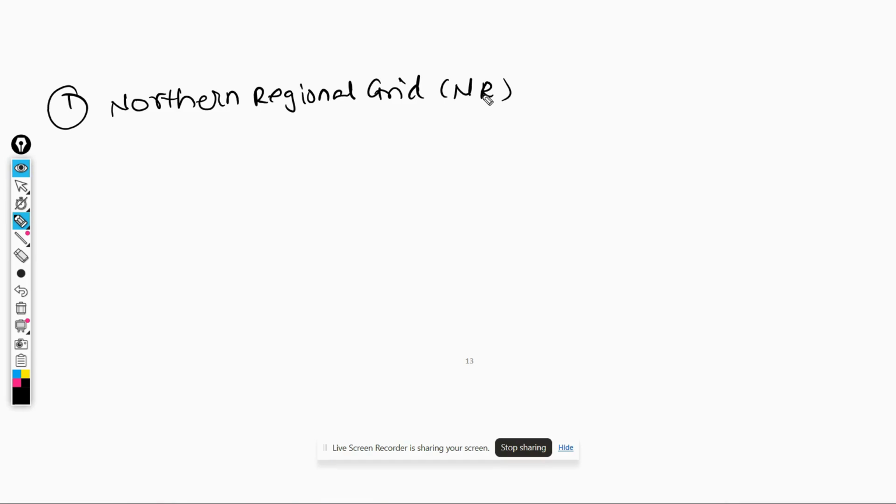It includes Jammu Kashmir, Ladakh, Himachal Pradesh, Punjab, Haryana, Rajasthan, Uttar Pradesh, Delhi, and Chhattisgarh. All these states belong to this Northern Regional Grid. Since this region has many Himalayan rivers, hydroelectric power became one of its major energy resources.